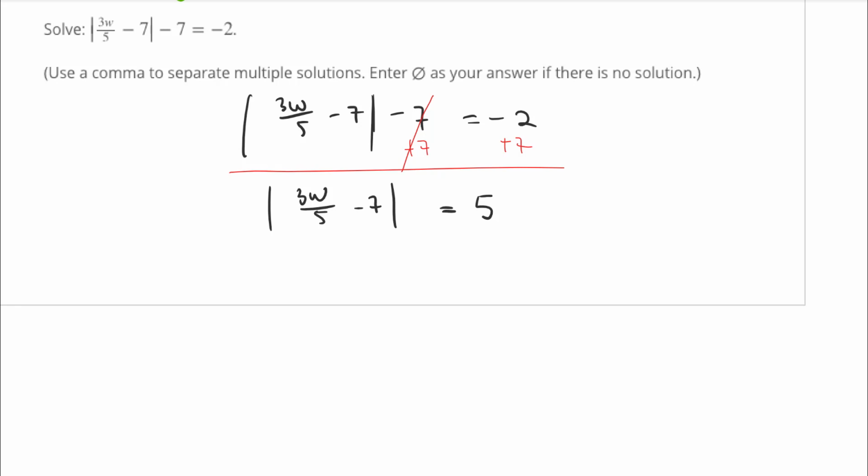So now that I have the absolute value equal to a positive number, I know because of the rules of absolute value equations that you have to split this into two problems.